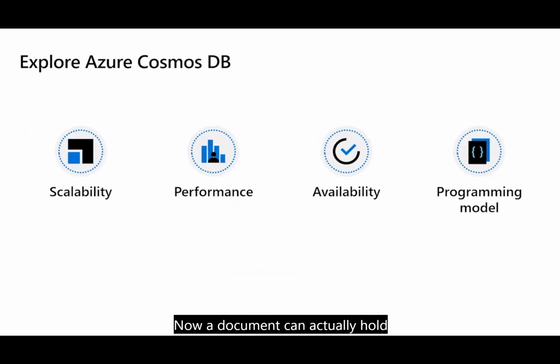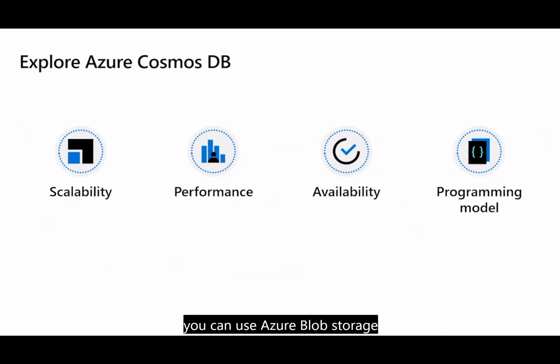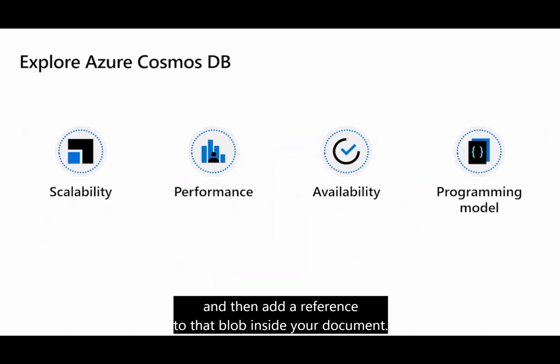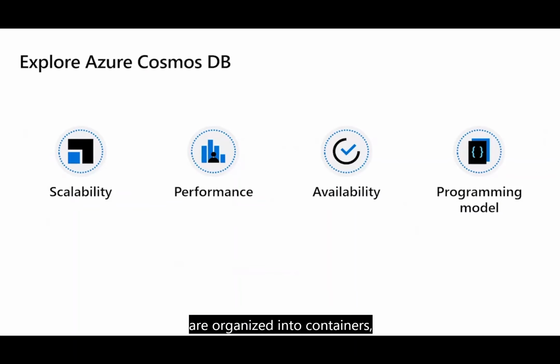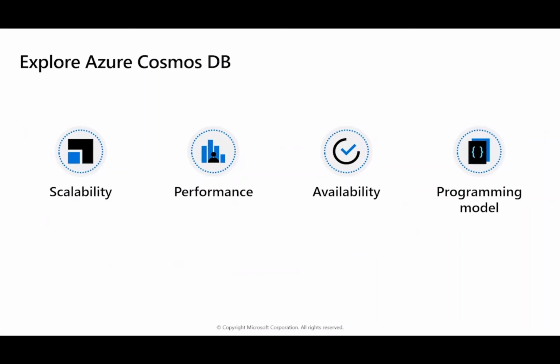Now, a document can actually hold up to 2 megabytes of data, including small binary objects. If you do need to store larger blobs as part of a document, you can use Azure Blob storage and then add a reference to that blob inside your document. Documents in an Azure Cosmos DB database are organized into containers. The documents in a container are grouped together into partitions. A partition holds a set of documents that share a common partition key.